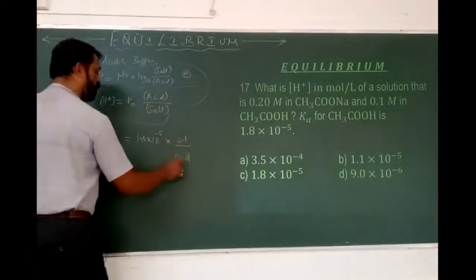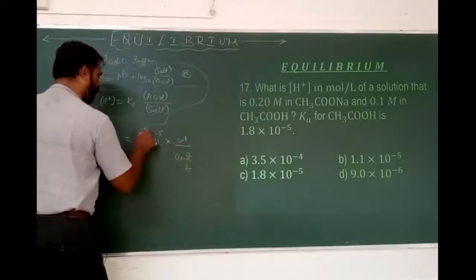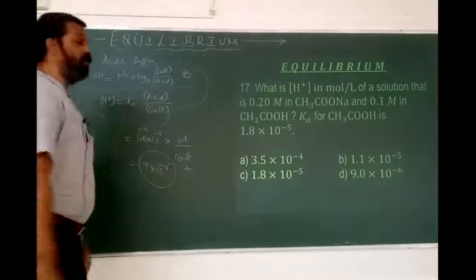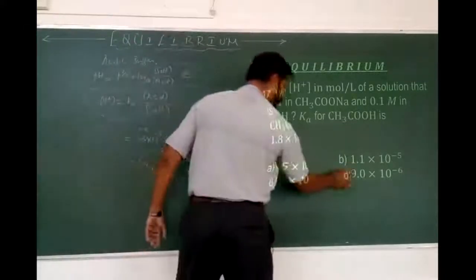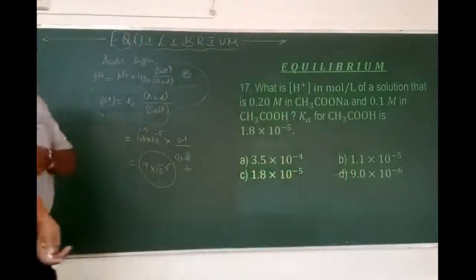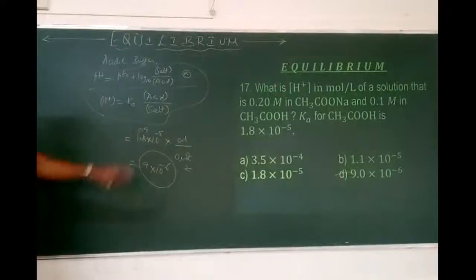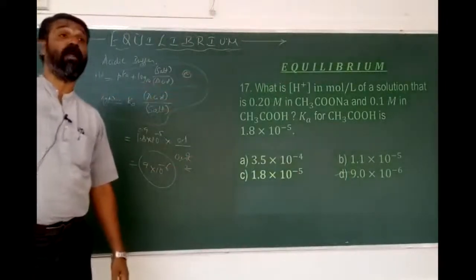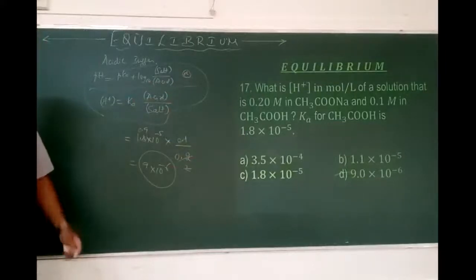So 1 by 2 times 1.8 is 0.9, or I can write that as 9 into 10 to the power of minus 6. So 9 into 10 to the power of minus 6 is the hydrogen ion concentration if it contains 0.2 molar sodium acetate and 0.1 molar acetic acid.